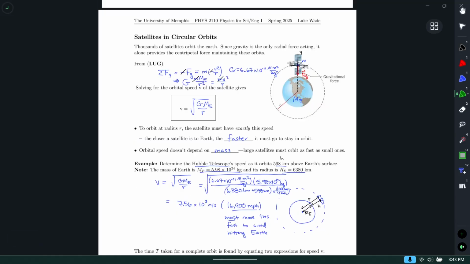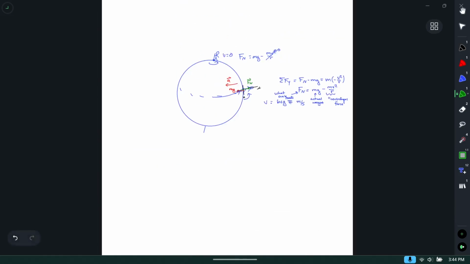If there are problems on satellites, it will be very plug and chug. As in, I want to know how fast a satellite's going if it's orbiting around a planet of mass big M at a distance r, and I give you the value of g in the equation sheet. So the only way this can go wrong is if you forget to look at the section that literally is labeled, this is for satellites.